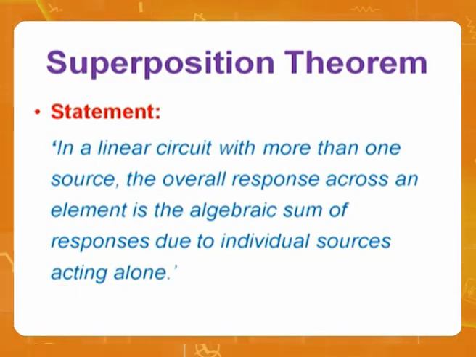So let's go for the first theorem in this lot, superposition theorem. Let's see the statement. As I've been telling, in every theorem one should know the conditions under which the theorem is valid. So in a linear circuit with more than one source, the overall response across an element is the algebraic sum of responses due to individual sources acting alone.